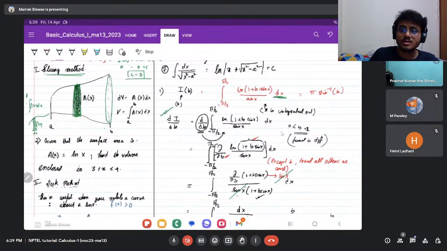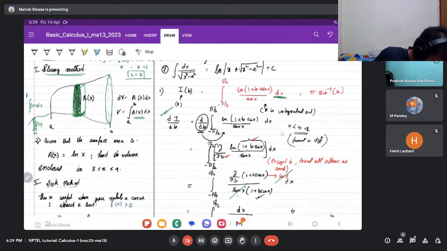what will I do? If I am given A of x, so if I know this area, what is this volume that I am drawing? Right, this is your volume. So this is dx, and this is area of x. What is your differential volume, dV of x?